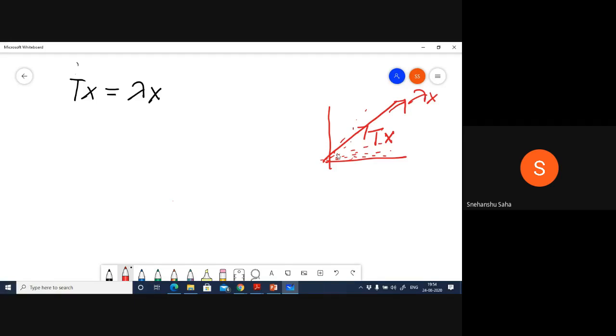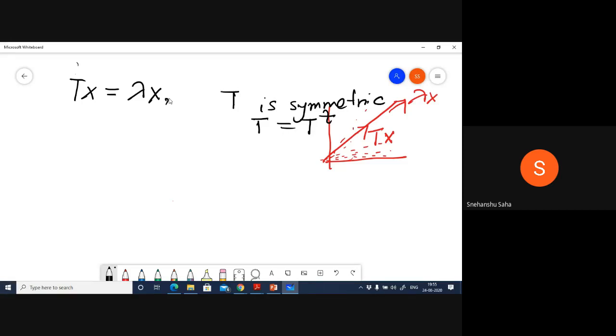All right. Okay, so now let's come back to the original question that we should answer. What I know is this, that T of x equals lambda x, and this T is symmetric. What I mean by that is that this T is nothing but T transpose.